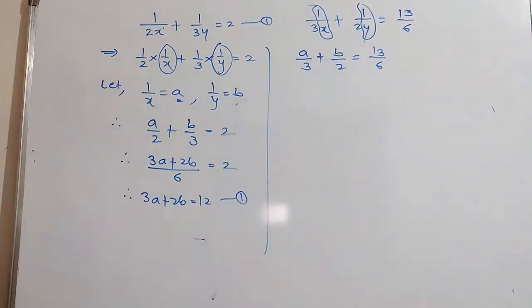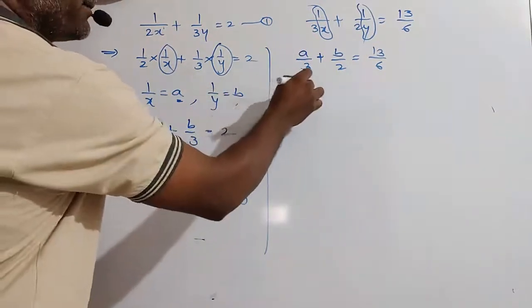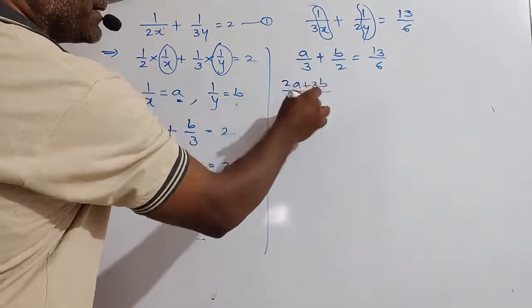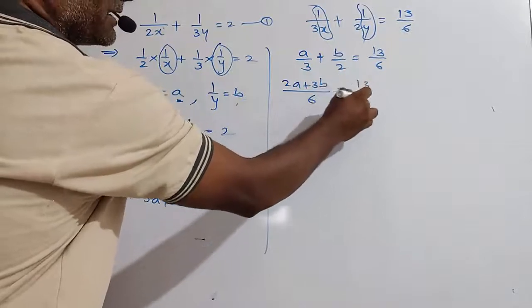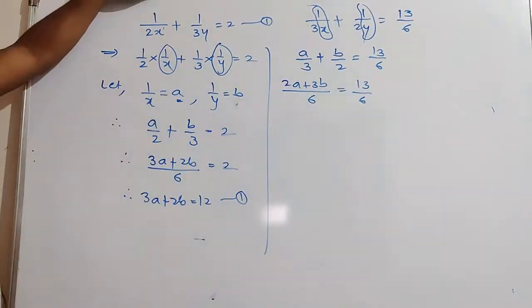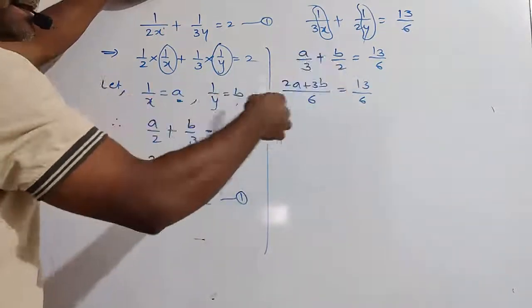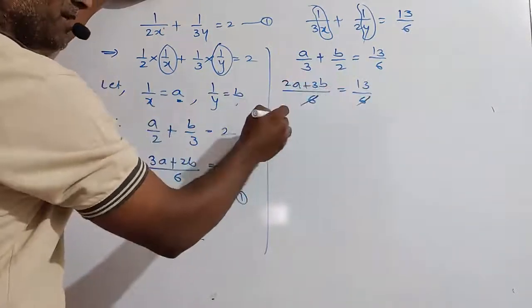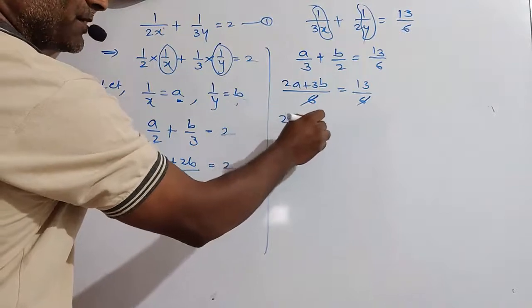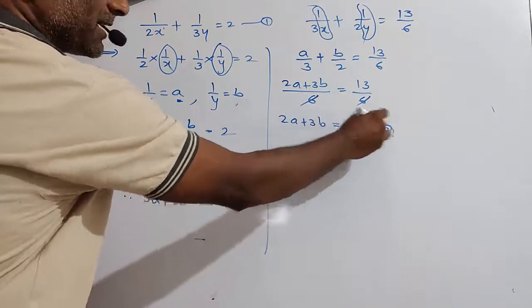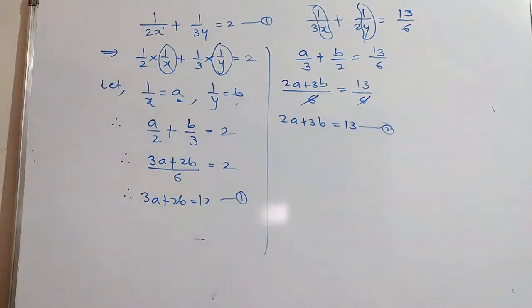Again we will simplify this. Cross multiplication: 2a plus 3b by 6 is equal to 13 by 6. This 6 in the denominator will multiply that side and cancel. So we get 2a plus 3b is equal to 13. This is the second equation.